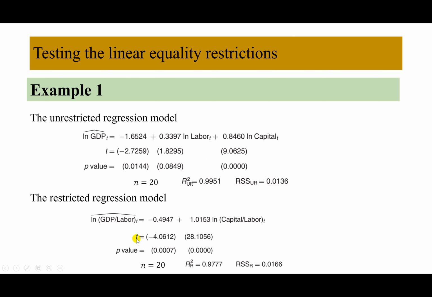Again here T represents T ratios, P value, N number of observations, and this represents the coefficient of determination of this restricted model, and the residual sum of square of this restricted model is 0.0166. You can see that the residual sum of square of the unrestricted model is lower than the residual sum of square of this restricted model.